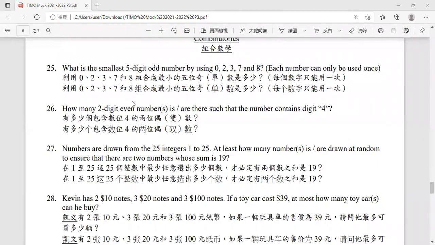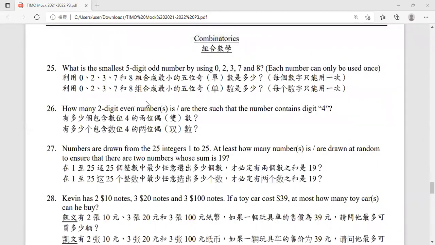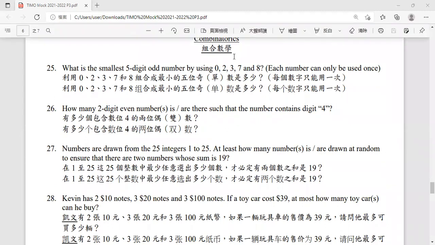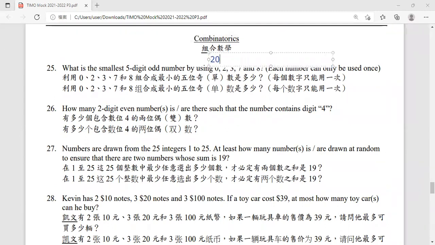Okay, next one, 25. What is the smallest 5-digit odd number by using 0, 2, 3, 7, and 8? So, of course, we all know the answer. It's very easy. The answer is 20387.